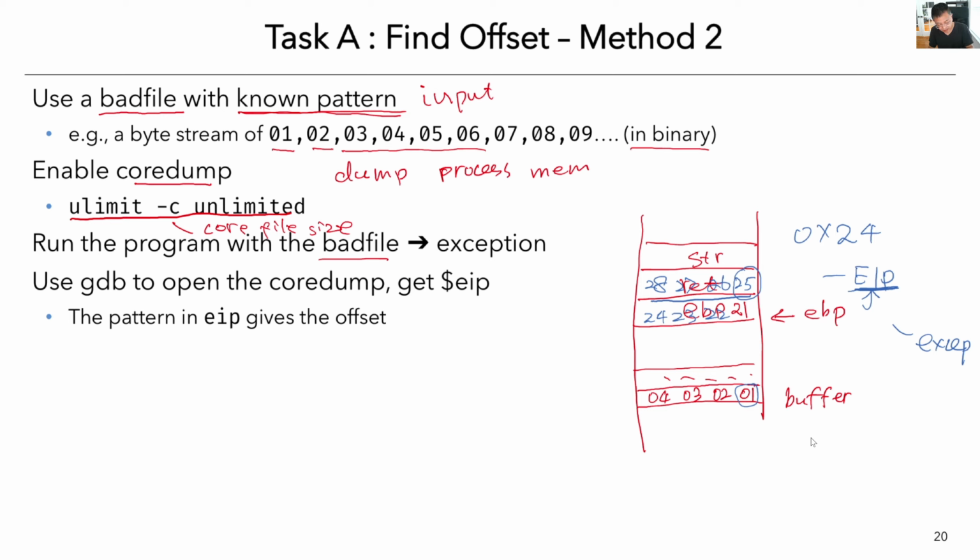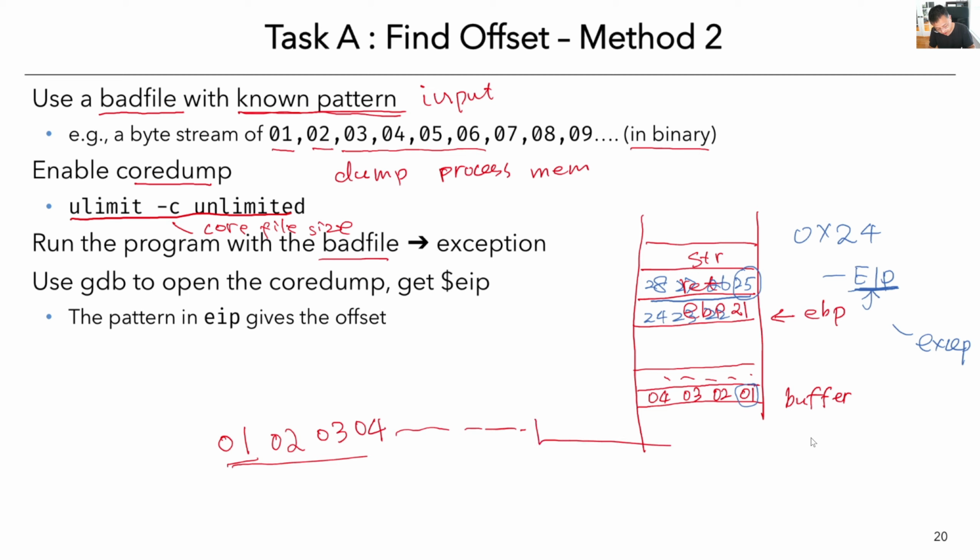Now you get the offset between EIP and the start of the buffer, because we know the buffer starts with 01, 02, 03, and 04. It will continuously fill in the space between the buffer and the return address.